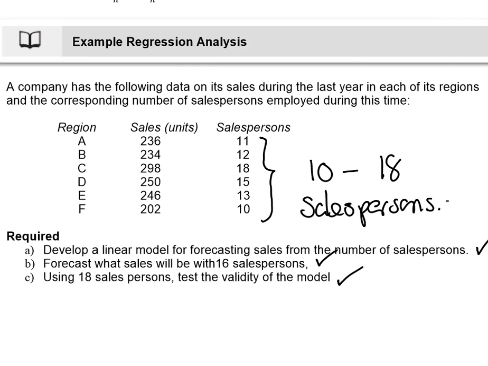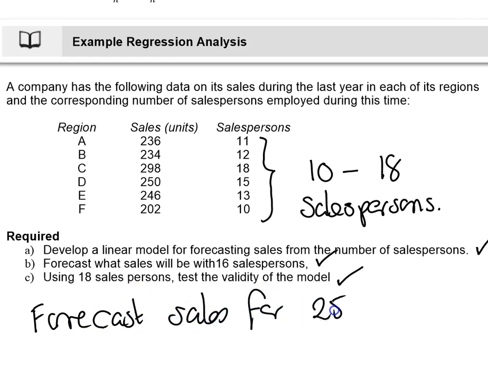But when we start to move outside the range, say to forecast sales for 25 persons, how many sales will they generate? Here we are extrapolating. We are trying to predict way outside the relevant range.